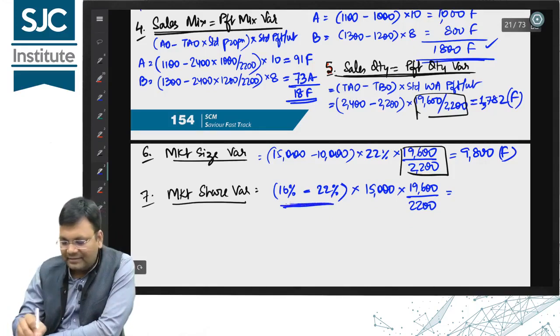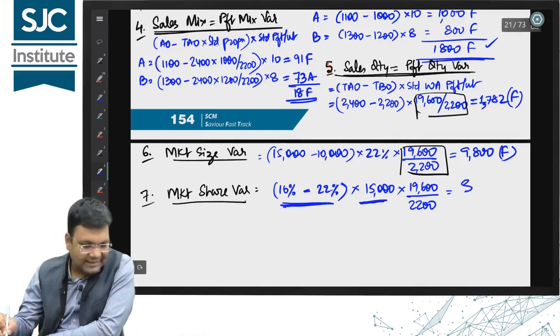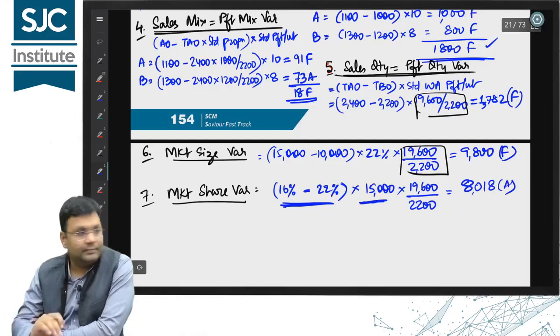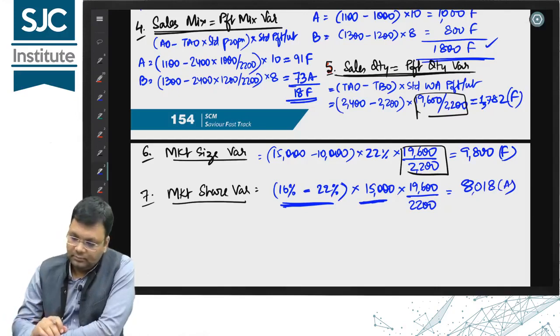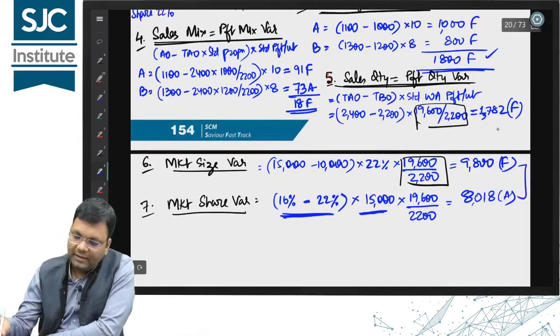When there is change in share, we expect on actual industry size. So this is 8018 adverse. If you combine this two, you get the quantity variance.